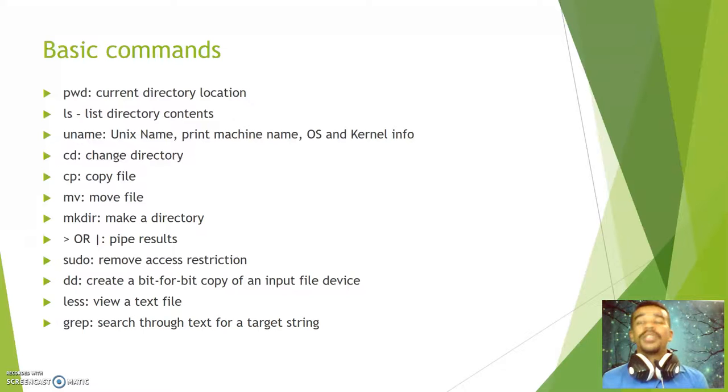The sudo command is not exactly a basic command, but it's very good to know. It's more so for removing access restriction, and what that does is it elevates our current permission levels and allows us to do things that we normally wouldn't be able to with our provided permissions.